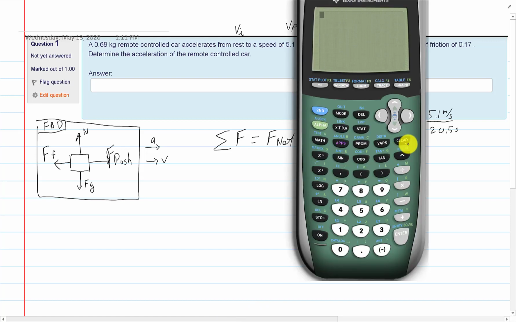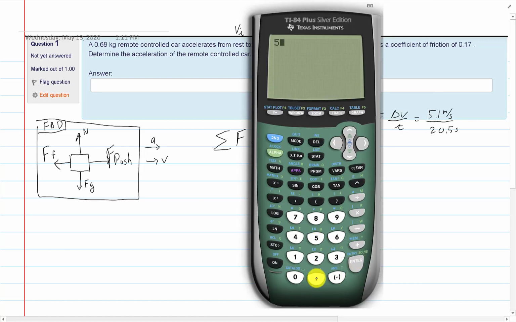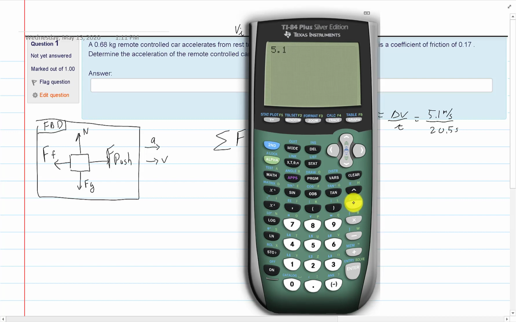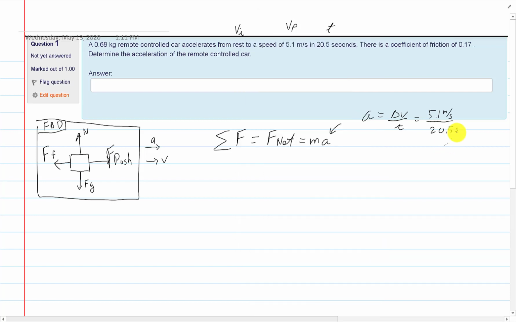So 5.1 divided by 20.5, and that's 0.2488 meters per second squared.